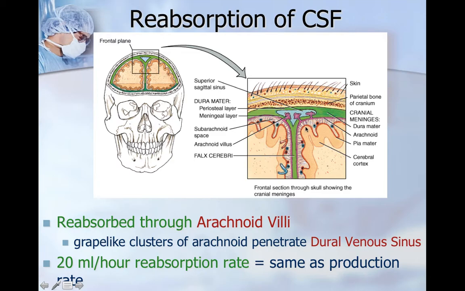And how this works is the cerebrospinal fluid is reabsorbed through the arachnoid villi, which are these little finger-like projections that enable the brain to reabsorb it. And these look like grape-like clusters, and they penetrate through the sinus, which was mentioned before, and about 20 milliliters per hour is the reabsorption rate. So it's about the same as the production rate of the cerebrospinal fluid.